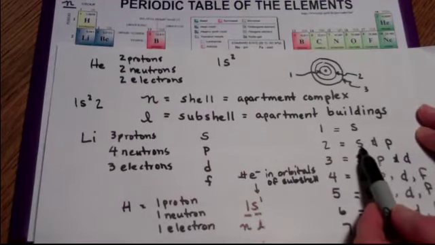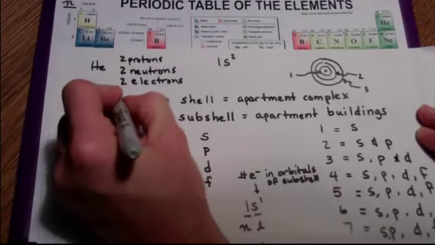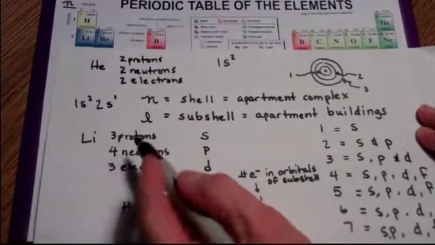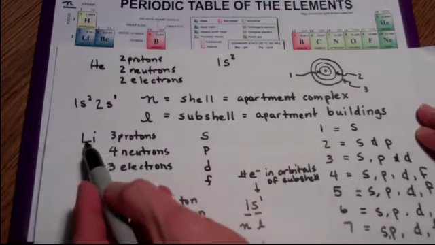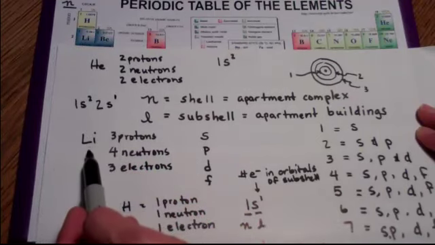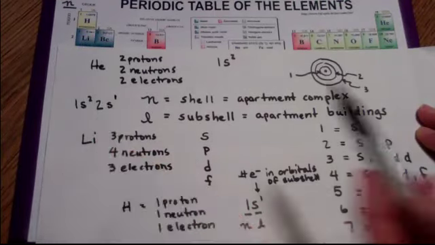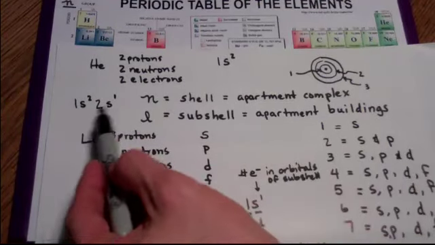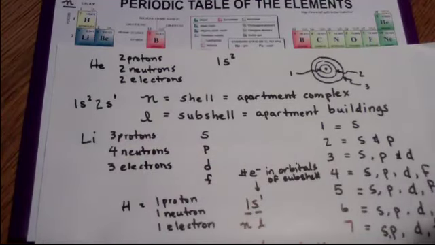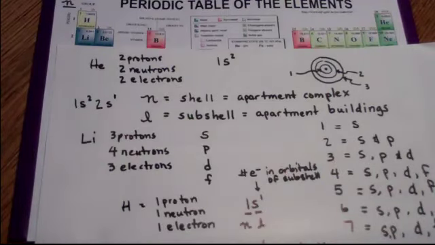The s orbitals are lower energy, and so they are going to fill first. And so there's only 1 electron left because we only have 3 electrons in this atom. So the electron configuration for lithium is going to be 1s2, 2s1. So those are the designations, or the addresses, for where the electrons are going to be housed within this atom.